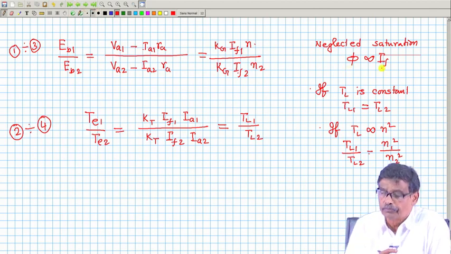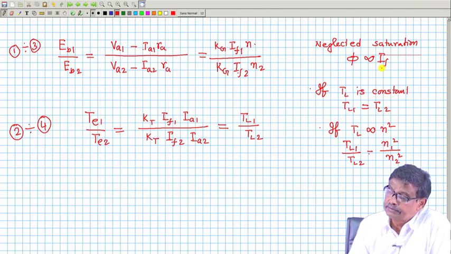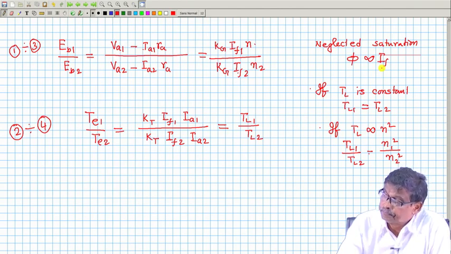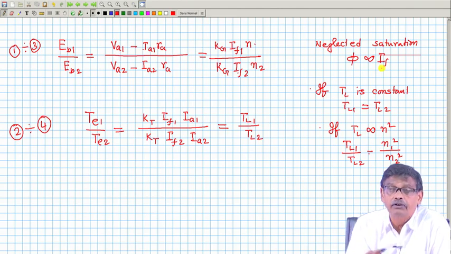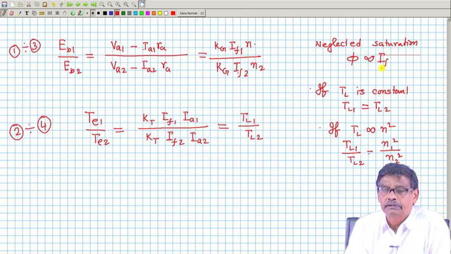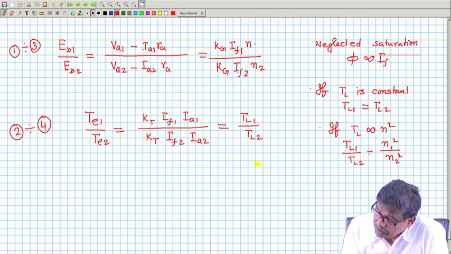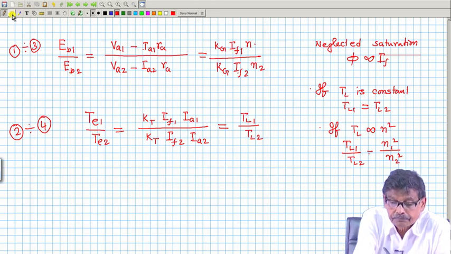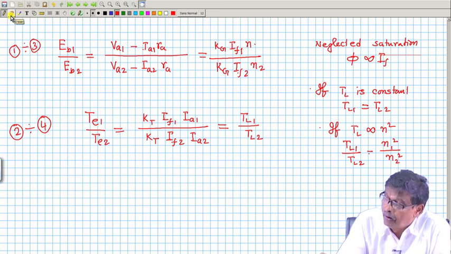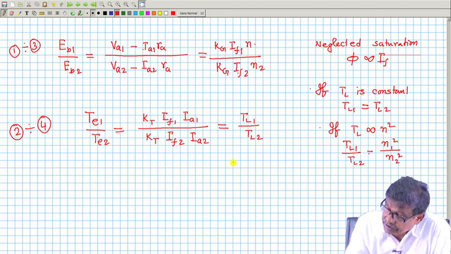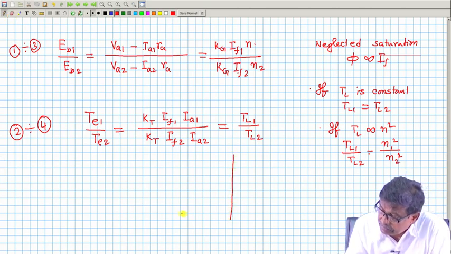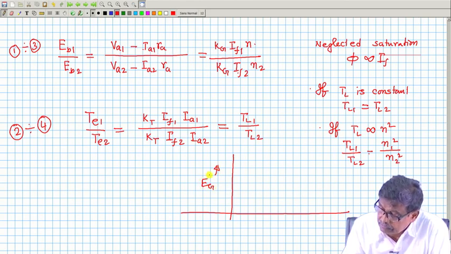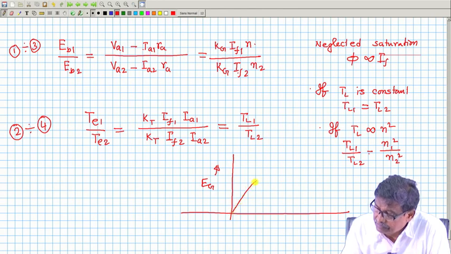Only one point of caution: if somebody says that phi is not proportional to IF, then you must understand that the equation of the generated voltage Eg is something like this.